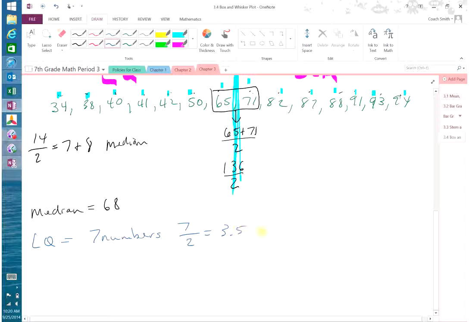That means it's the 4th number. So 1, 2, 3, 4. My lower quartile is equal to 41. Now my upper quartile is going to be the 4th number as well. So that's 1, 2, 3, 4. That's 88. So my upper quartile is equal to 88.